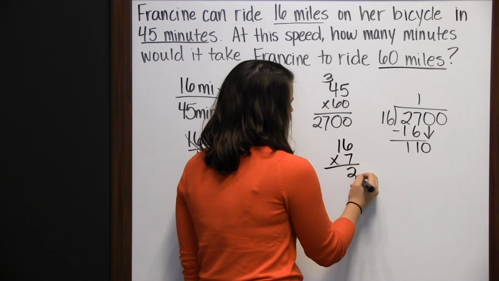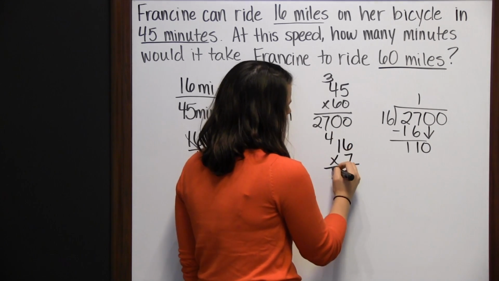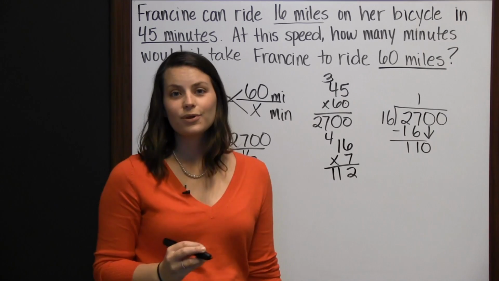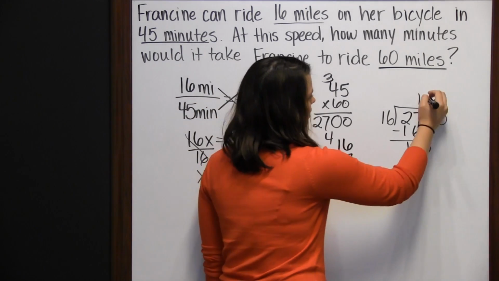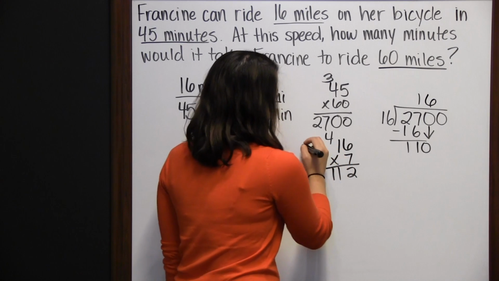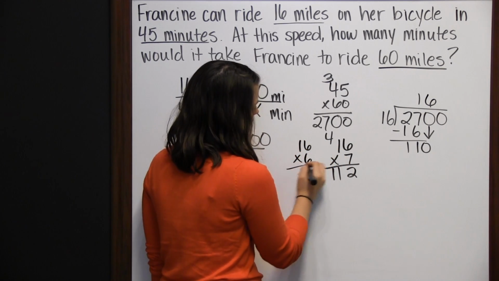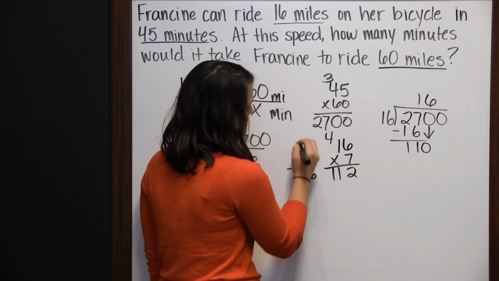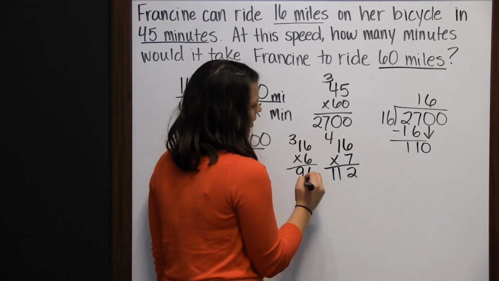7 times 6 is 42. 7 times 1 is 7, plus 4 is 11. And that's a little too big, which means I know 16 goes into 110 6 times. So 16 times 6. 6 times 6 is 36. 6 times 1 is 6, plus 3 is 9.